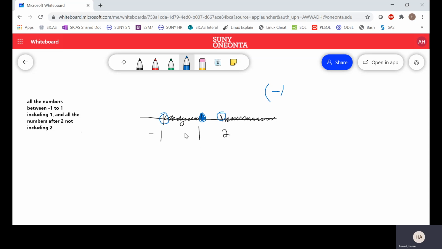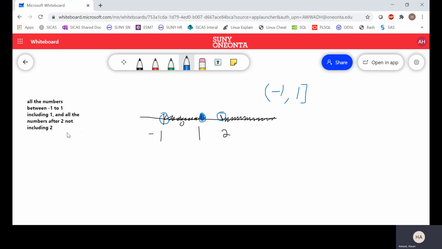So we're going to start from -1 and then continue to describe it, essentially reading from left to right, okay? So we have parentheses because, again, it's an open circle. We're not including -1. And it's from -1 to 1. This is our next endpoint. But we are including 1, right? So what we're going to do is, again, we use brackets to denote that we are including that number.